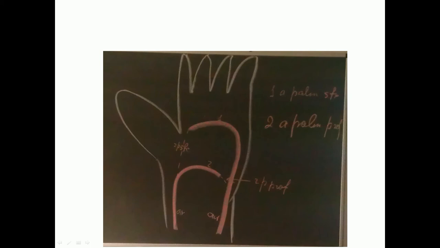And analogically, this vessel, ramus palmaris profundus, this abbreviation, ramus palmaris profundus, connects the ending part of arteria radialis and arteria ulnaris.